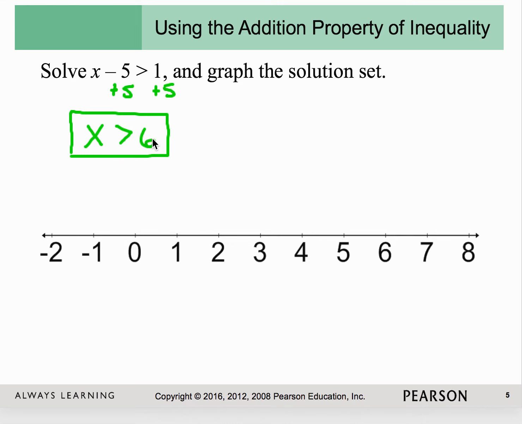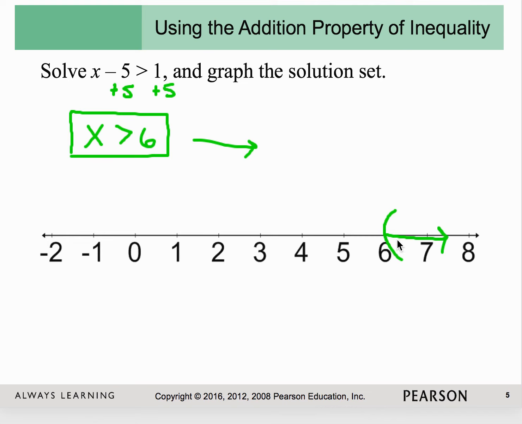Here's your inequality notation. If you needed to graph it, you find the number 6 because, and look, the arrow's pointing that way. That's the way I need to face my parenthesis or my bracket. And it's going to be a parenthesis because I don't have the equal part. So a parenthesis, draw an arrow that way.